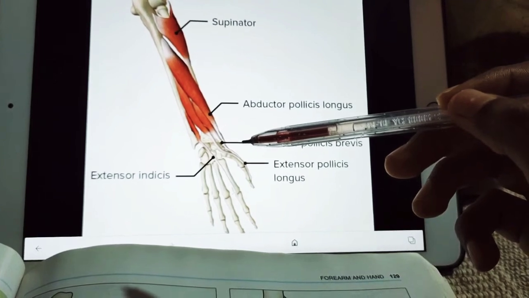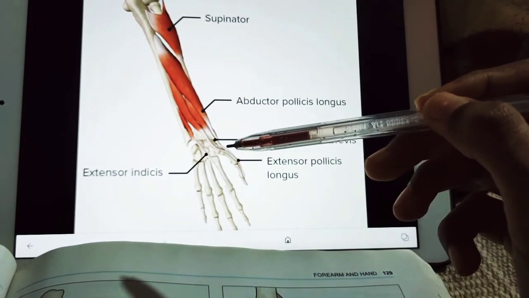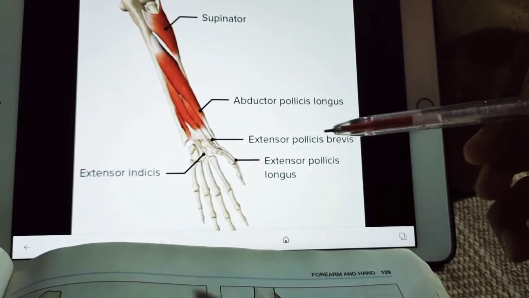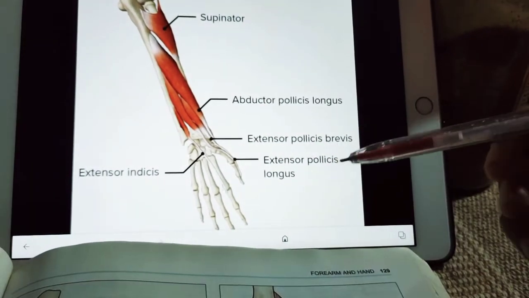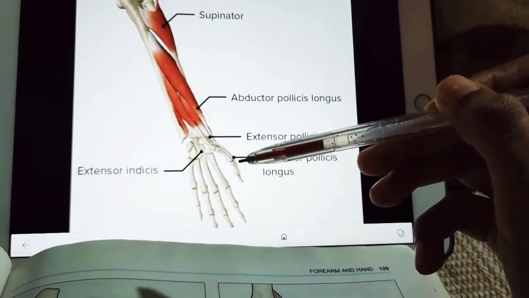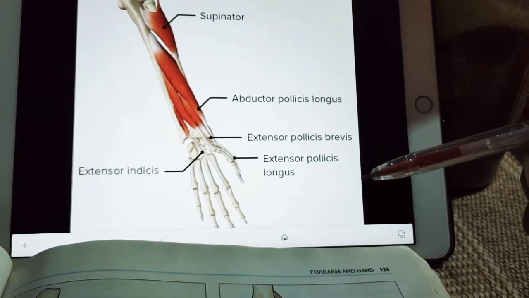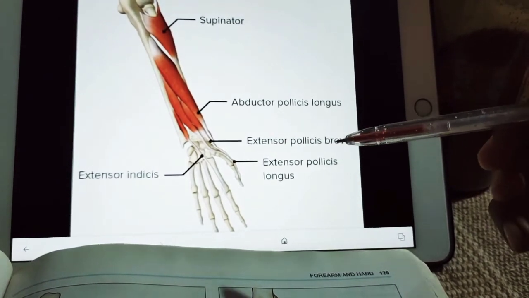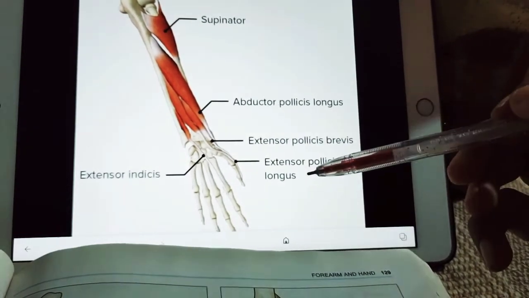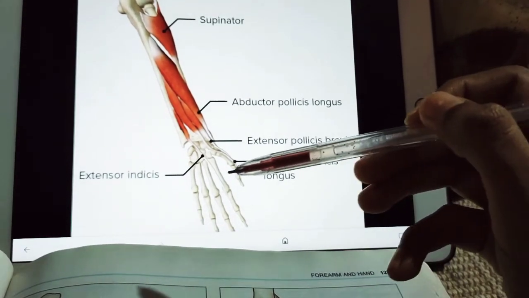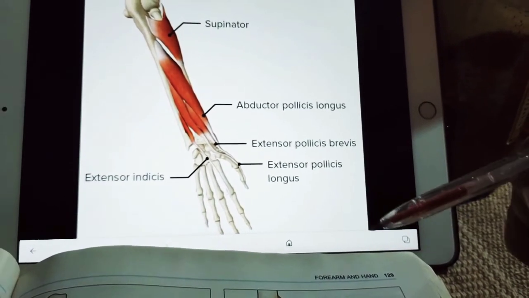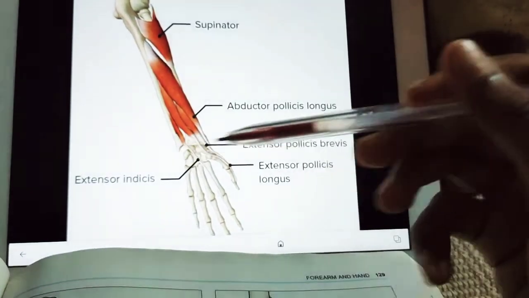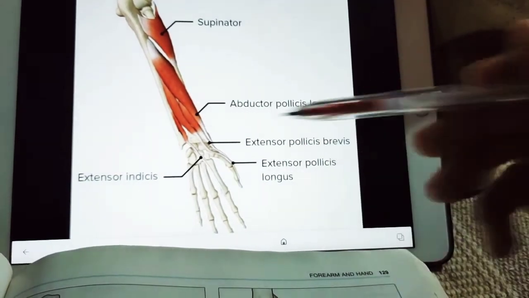Brevis is inserted into the base of the proximal phalanx of the thumb. As it is a short muscle, it ends in the proximal phalanx, but longus is a long muscle, so it ends at the base of the distal phalanx. So remember, longus is from ulna, brevis is from radius.